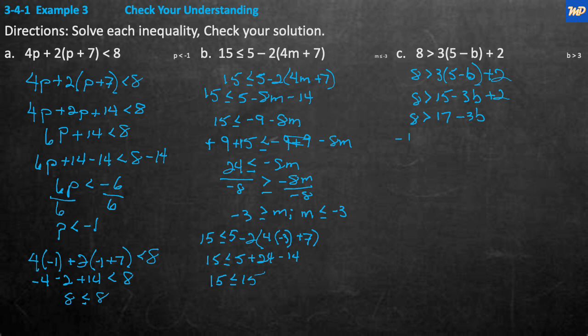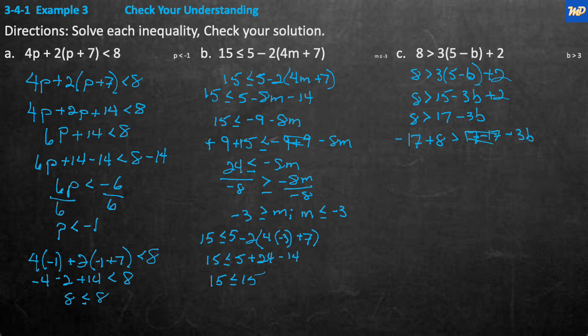So we have negative 17 plus 8 is greater than 17 minus 17 minus 3b. So now we have the minus 17 plus 8, right? And on the one side, we have 17 and 17, they're going to cancel.